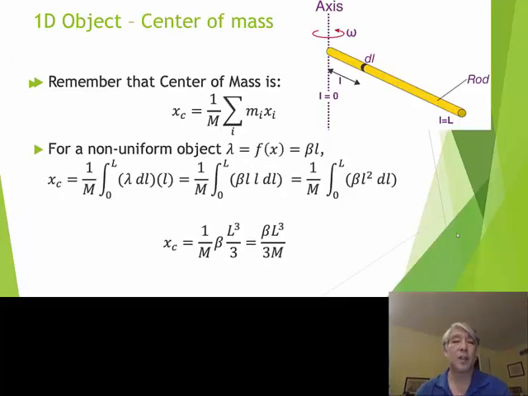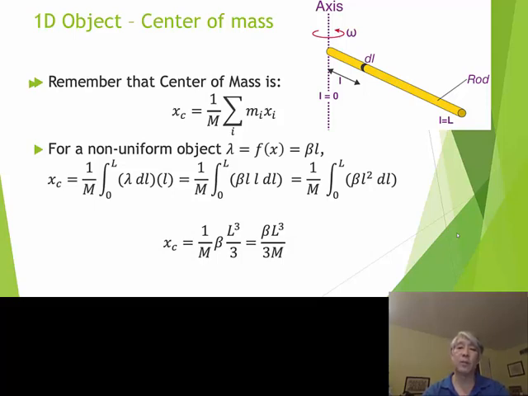To calculate the center of mass, it's the same process. The center of mass is 1 over m times the sum of m sub i x sub i. Changing this sigma to an integral sign, mass becomes lambda dl. That's the mass of that little section that you see in the picture, and that's going to be beta L, times the L, which is the x sub i.